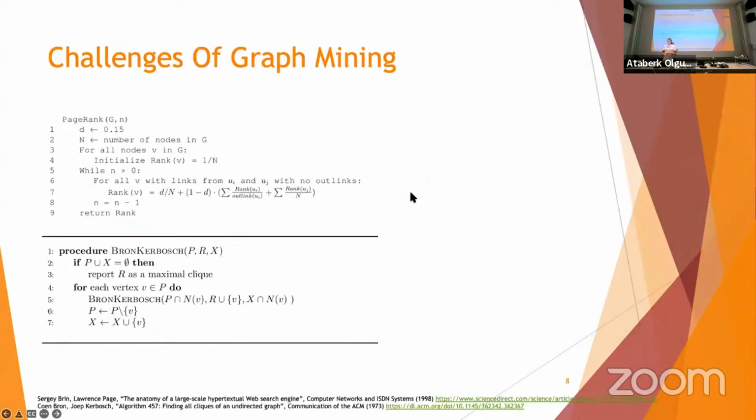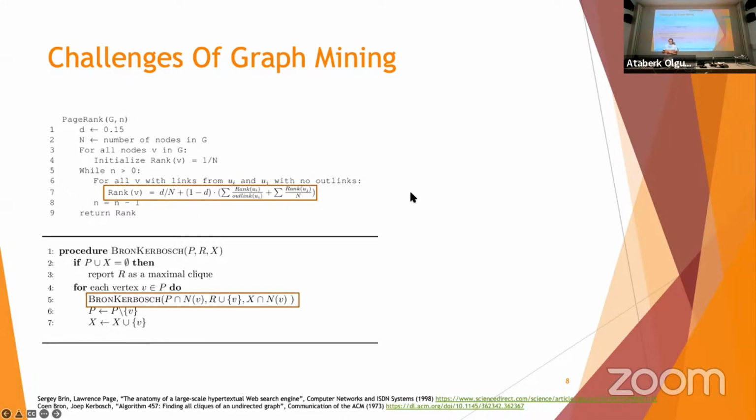What exactly are the challenges of graph mining? To make this clear, I've brought these two algorithms. The first one is PageRank, a very simple version of PageRank that is used by Google today to determine how important a web page is. And the second one is Bron-Kerbosch for maximal clique listing. The difference between those two algorithms is in the marked lines.